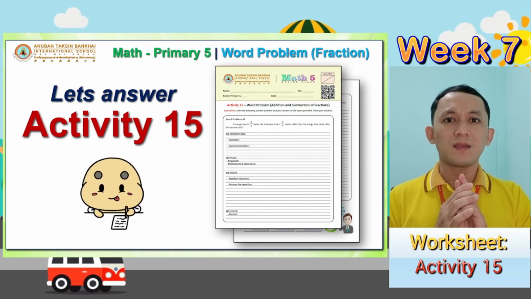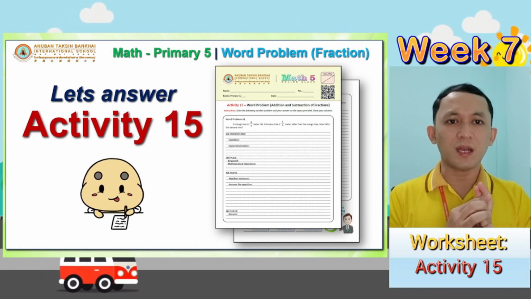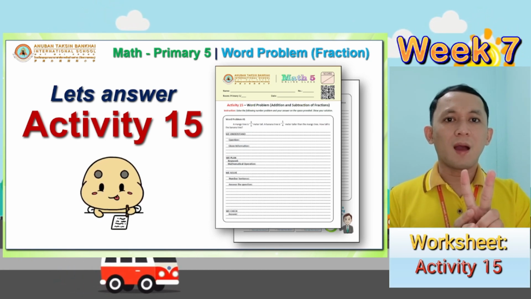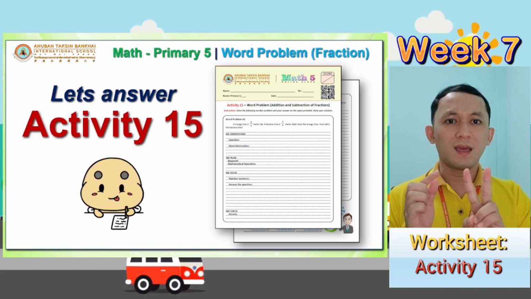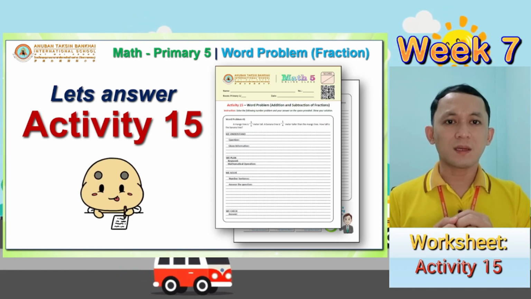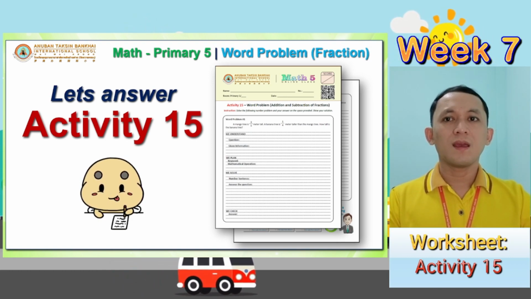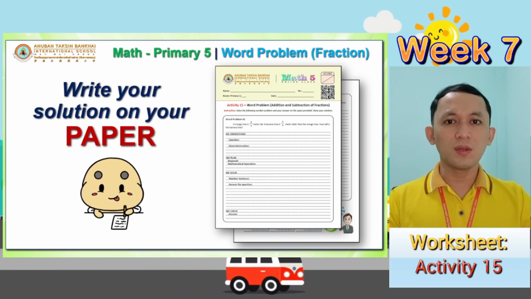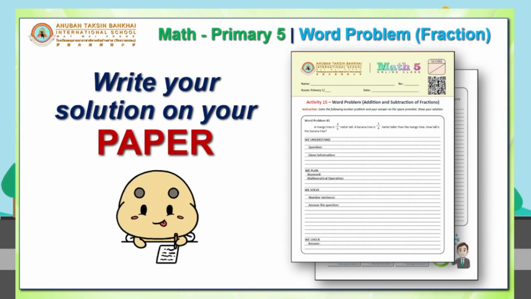Take note, this is addition and subtraction. So you're just going to select among the 2 operations, addition or subtraction. Okay, and of course, do not forget to write your solution on the paper. Do not use your notebook, just write your answer on the paper.